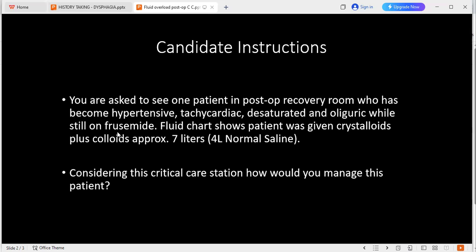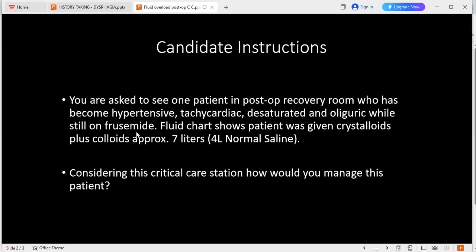That means the heart is already overloaded, and it can cause heart failure and maybe pulmonary failure. That's why the patient is desaturated.